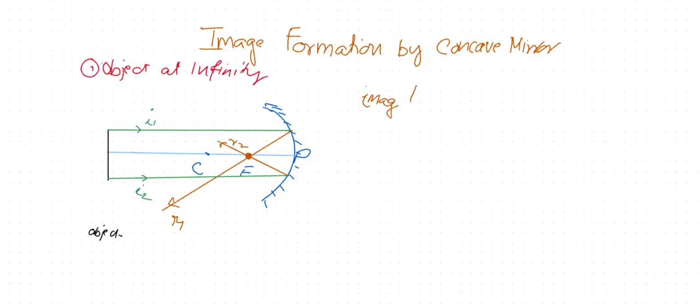It is at the focus. What is the size? Highly diminished. See, the black line is so big, but the image is so small. Highly diminished.